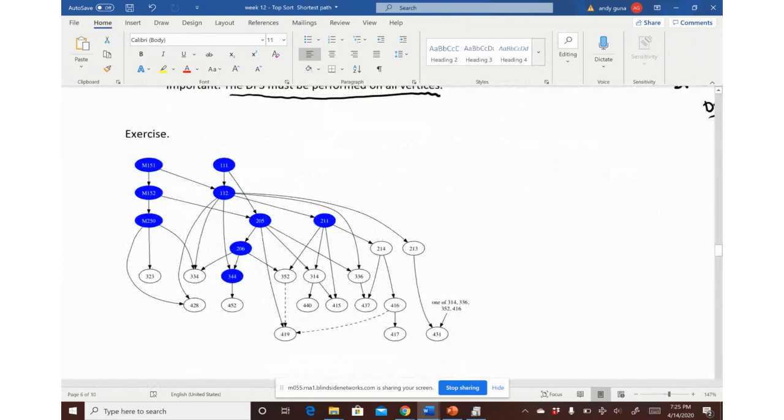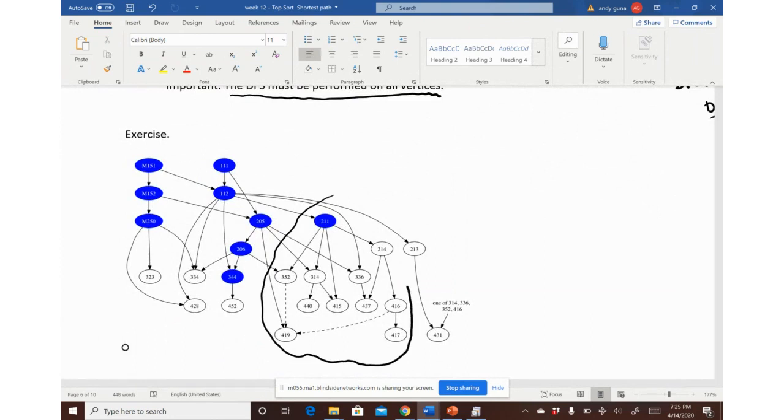What I'm going to do next is take a subgraph of our requirements graph from computer science majors at Rutgers and do a topological sort on this. So I would like you to start from 211 and then give me a sequence of post-order traversals.